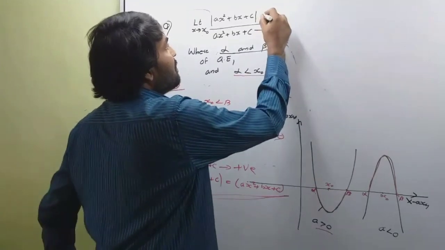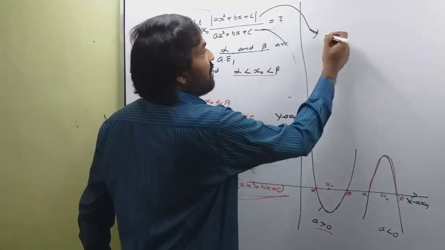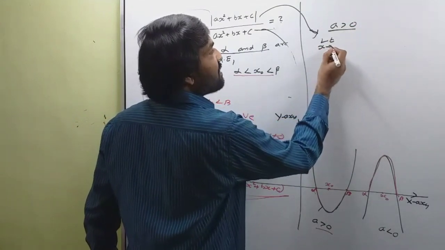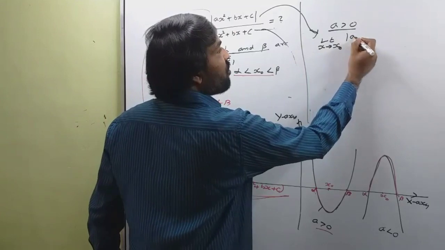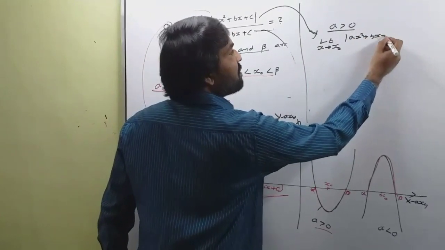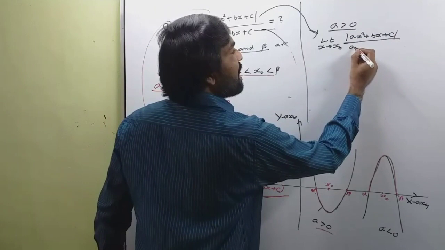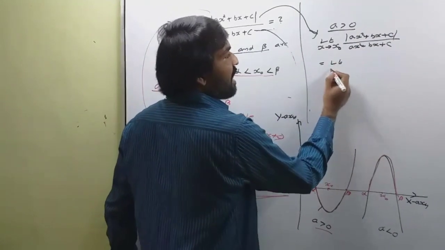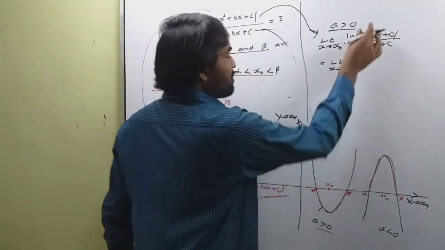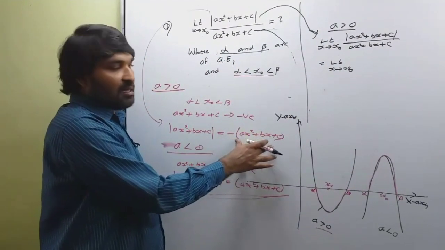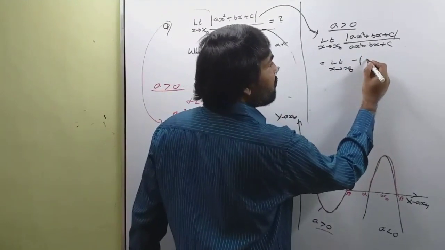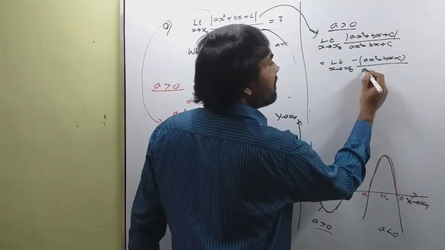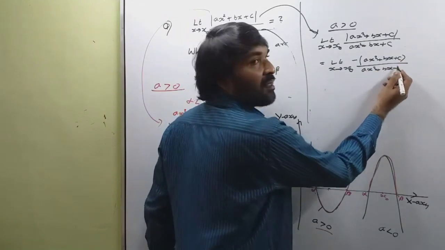Okay, now this limit, for a greater than 0, limit x tends to x naught of mod of ax square plus bx plus c divided by ax square plus bx plus c, is equal to limit x tends to x naught. The modulus becomes minus of this term. That means minus of ax square plus bx plus c divided by ax square plus bx plus c.